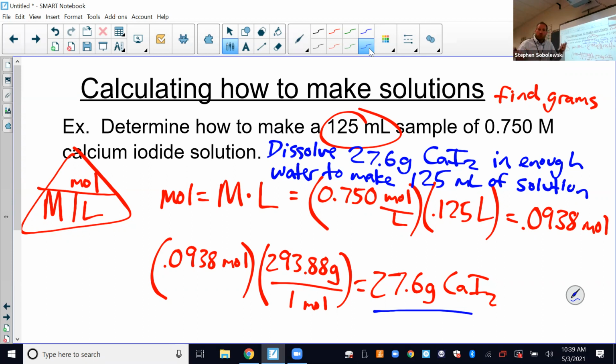So essentially, you're solving for how many grams you would use. And if this were a real lab scenario, you would take your bottle of calcium iodide, sit it next to your balance, scoop out 27.6 grams very carefully, and then add that to water.